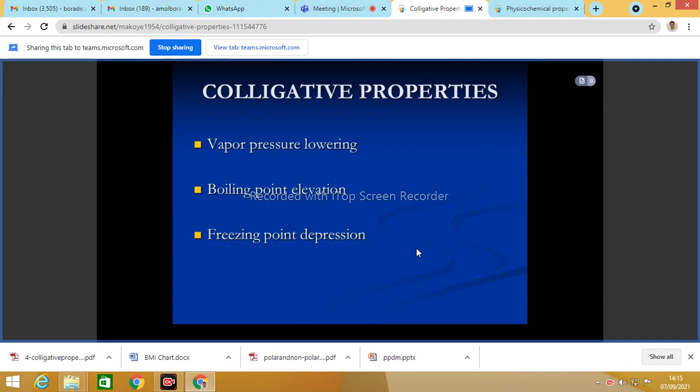When we say boiling point elevation, what do we need to consider? We need to consider the original solvent along with its original boiling point. Say for example, take water. What is the boiling point of water? Anyone? 100 degrees Celsius. Yes. What is the freezing point of water? 0 degrees Celsius. Correct. We have to stick to boiling point.